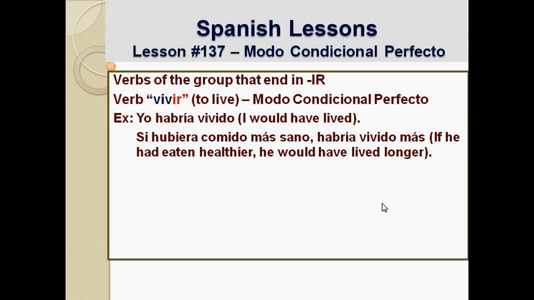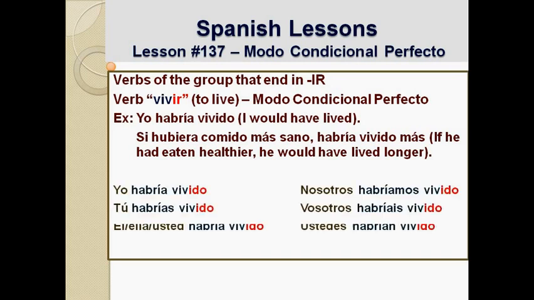And it is through the context that we can know who is the subject. So, si hubiera comido más sano would be if he had eaten healthier, or also if I had eaten healthier, or if you, formal you, had eaten healthier. Habría vivido más. He would have lived longer, or whoever is the subject here, okay?